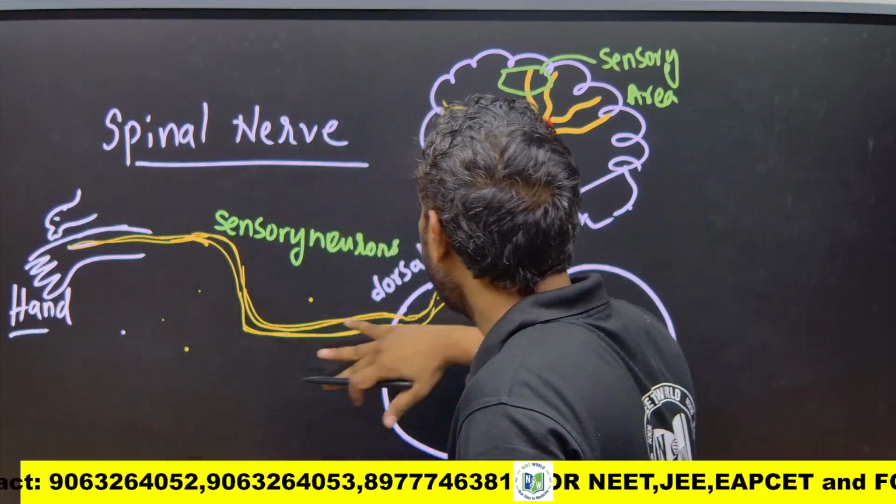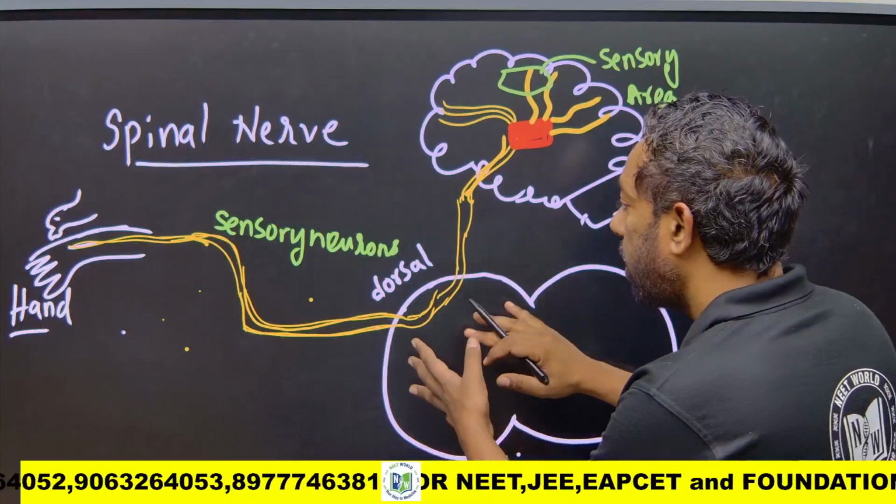Sensory neurons carry information into the brain through the dorsal part of the spinal cord.